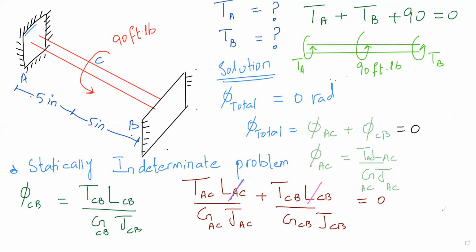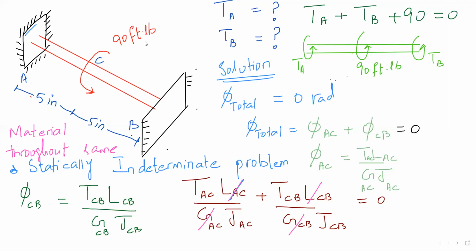So now I will get, okay, material is the same. At least this is given to me. Material throughout is same. So at least I can cancel this one. So I will have TAC over JAC, I'm going back, is equal to minus TCB over JCB.